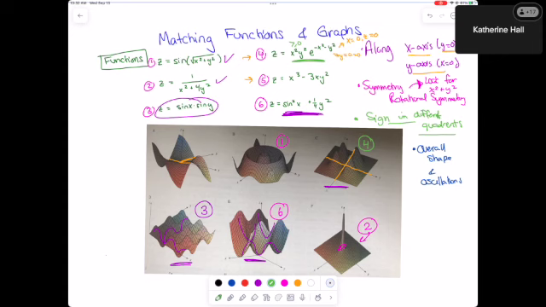But we can also say, okay, when x and y get really, really big, you get e to a negative big number, which is close to 0, and that's why it's flattening out as you move away. When x and y are small enough, then the x squared, y squared out front sort of win, and that's going to pull up those different peaks in those quadrants. Okay, and so then by process of elimination, we could say that this one has to be 5.